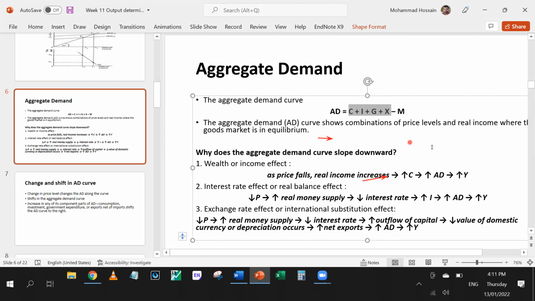So as a result, when any one of C, I, G, and X increases, the aggregate demand curve will be shifting to the right. But if M is decreasing, the aggregate demand curve will also be shifting to the right.